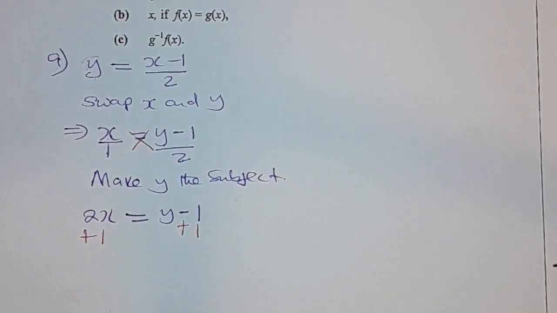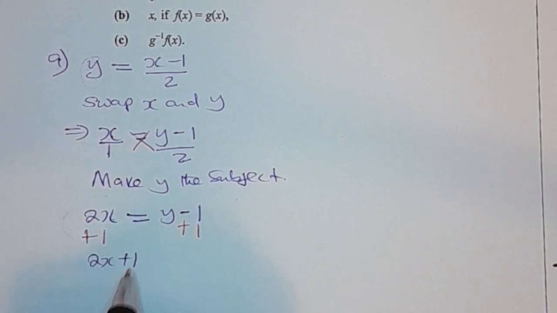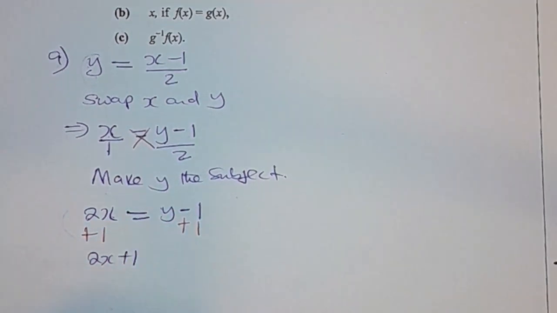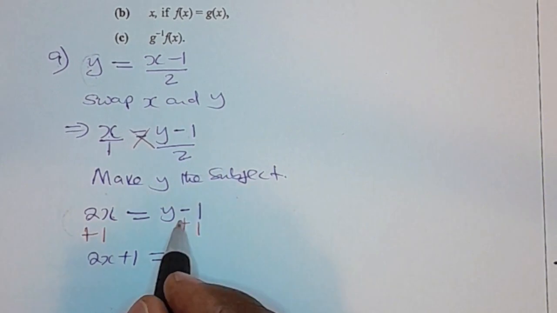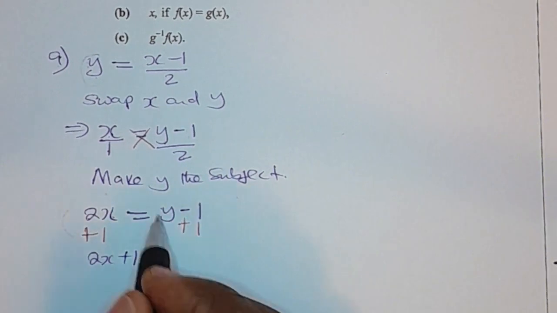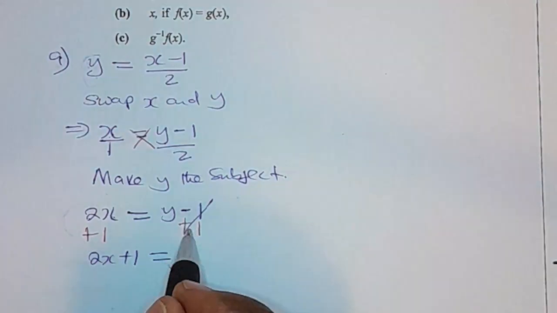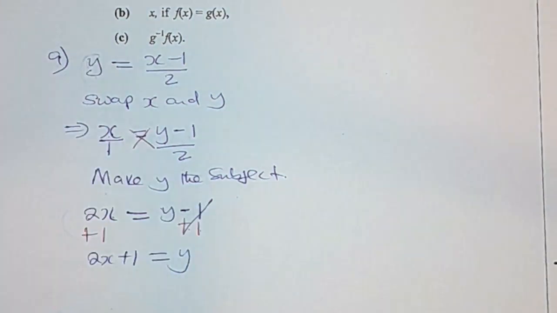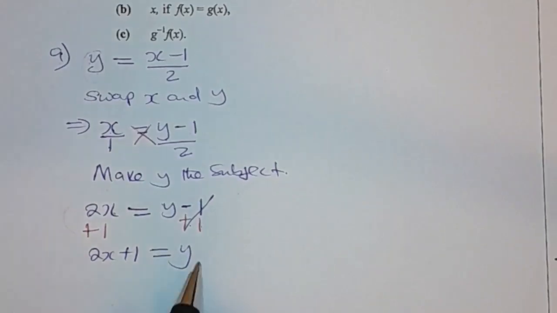So here on the left, you are going to remain with 2x plus 1, is equal to y, because -1 plus 1 is 0. So you have made y the subject of the formula.